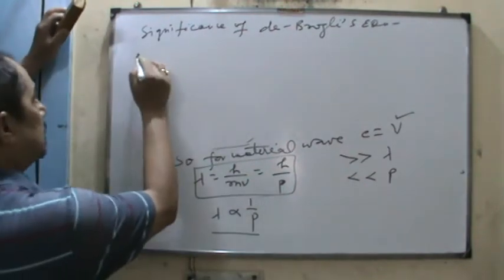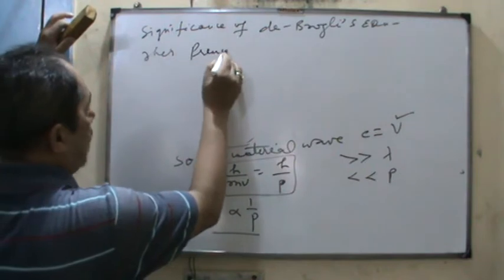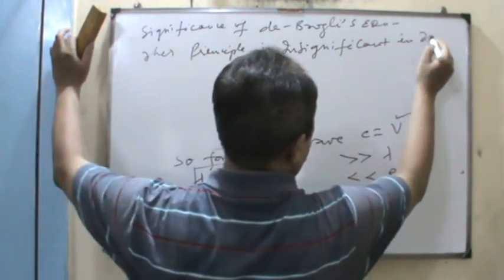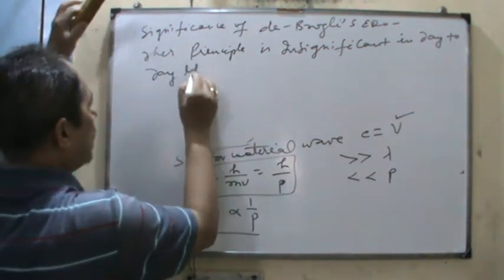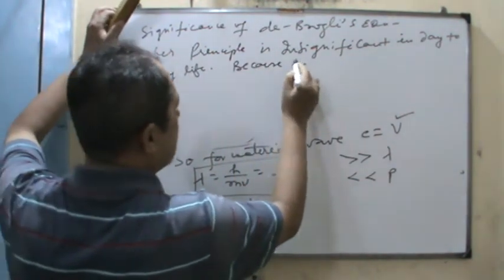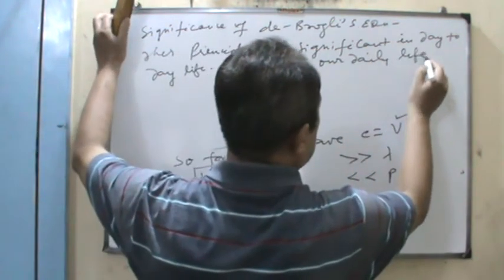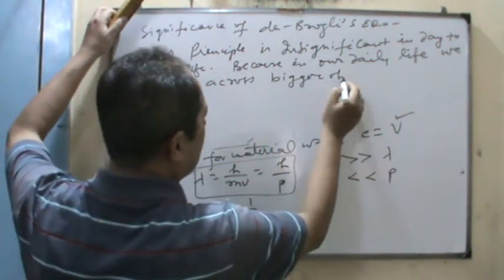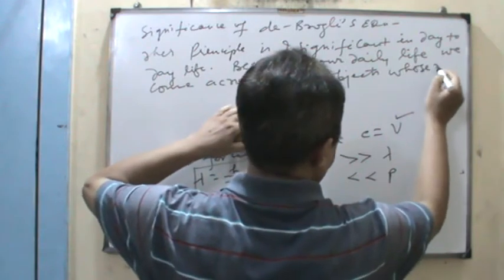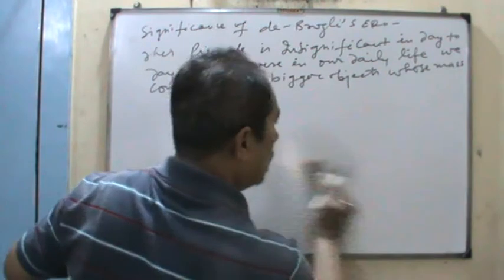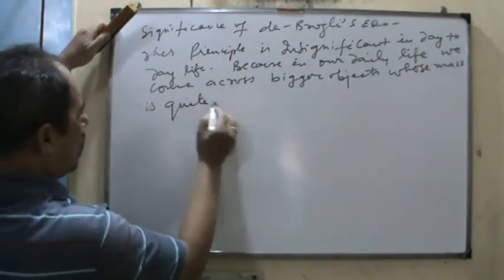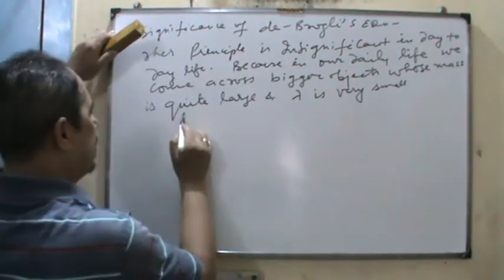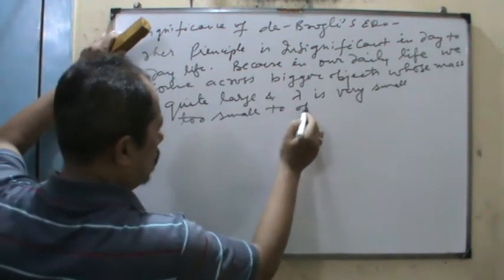Thus, it is very clear that de-Broglie's principle is insignificant in day-to-day life, because in our daily life we come across various bigger objects whose mass is quite large and wavelength is very, very small, too small to observe.